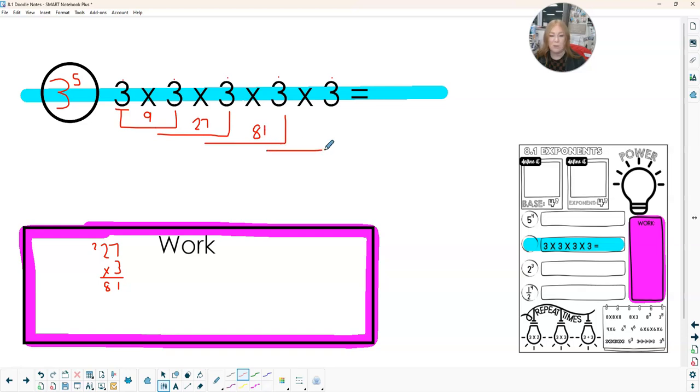And now we have one more. 81 times 3 is 243. So right, these should get big pretty fast because we're tripling it every time. It's not 3, 6, 9, 12, 15. That's 3 times 5. We have 3 to the 5th.